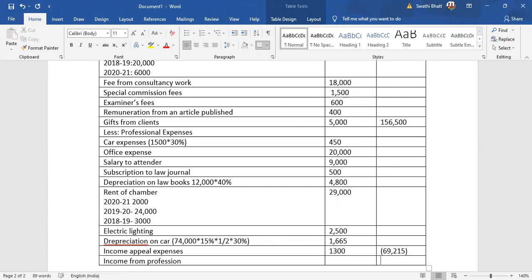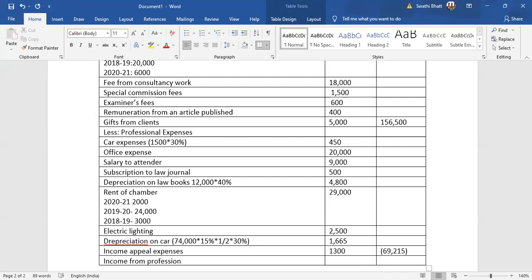In the same way, you compute it for a chartered accountant, and for one who's a medical practitioner. You just have to know what the receipts and the expenses of a doctor are, and the same with a chartered accountant. The remaining type of calculation is the same.